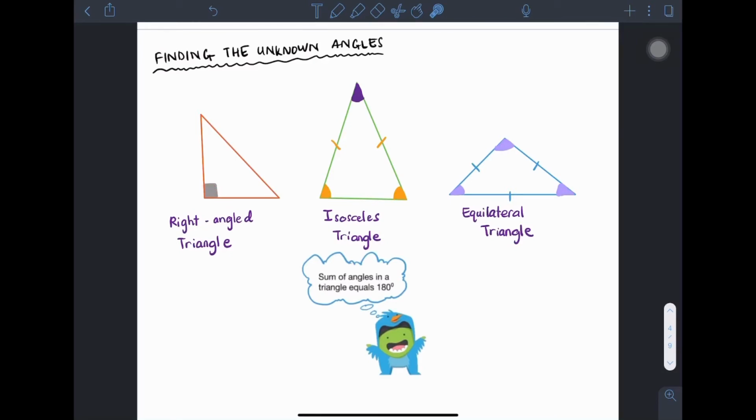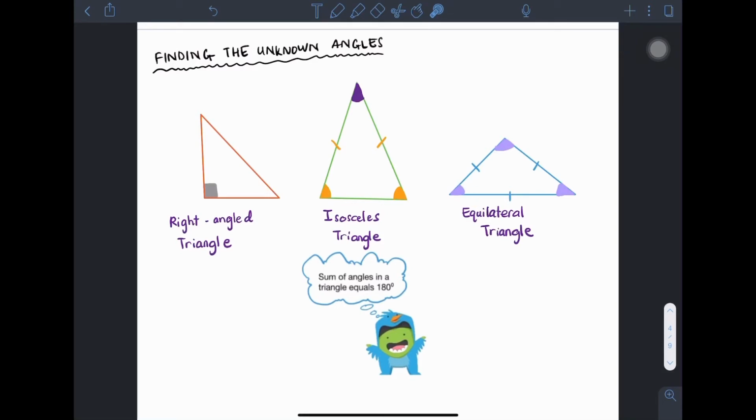All right. Next one is isosceles triangle. Isosceles triangle, if you still remember, will always have two equal sides, equal angles that are opposite to each other. And the third one is equilateral triangle. An equilateral triangle will always have three equal sides and three equal angles of 60 degrees each.